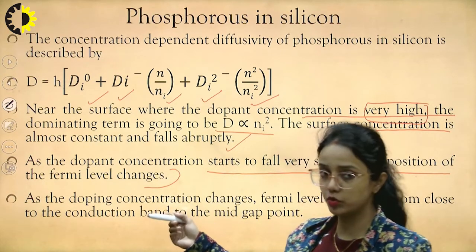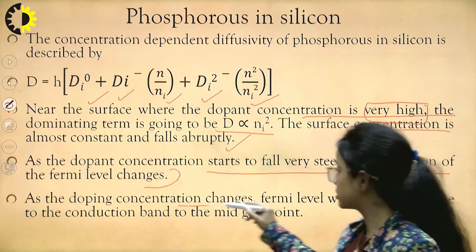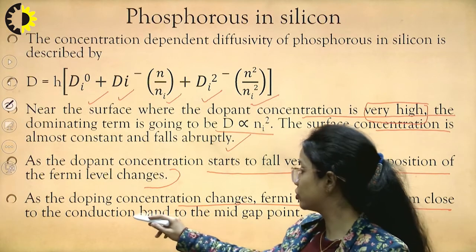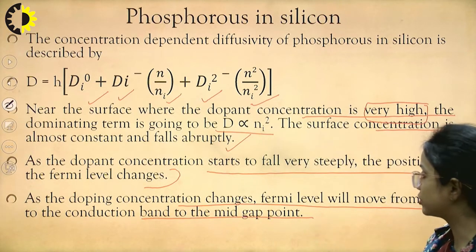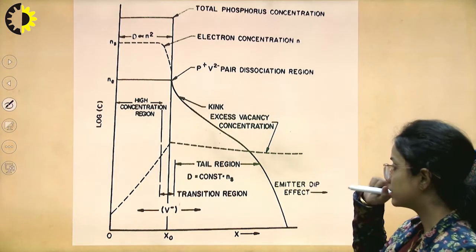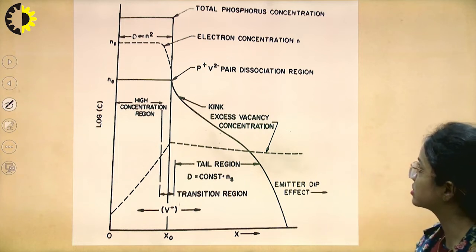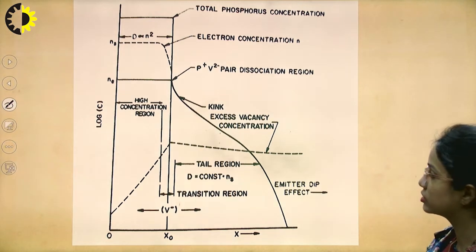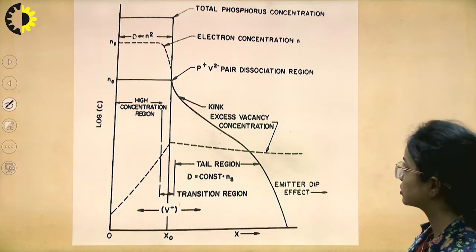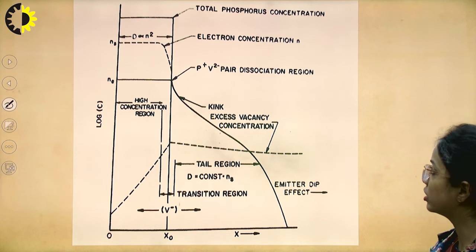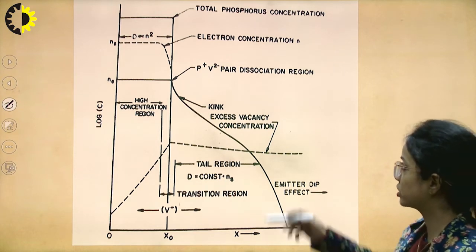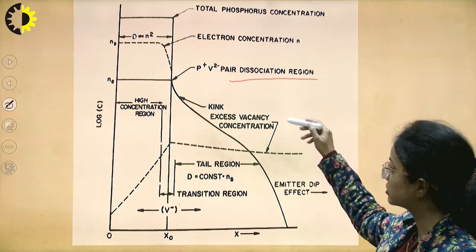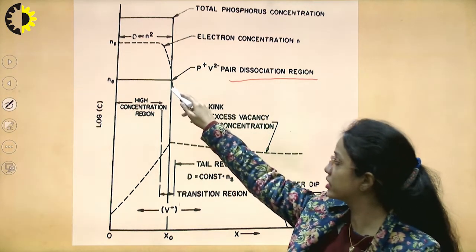So this is a new point here. As the doping concentration changes, the Fermi level will move from close to the conduction band to the mid-gap point. We can see here a diagram showing the total phosphorus concentration and the electron concentration, and then the charged ion and pair dissociation region, and we can see a kink here.